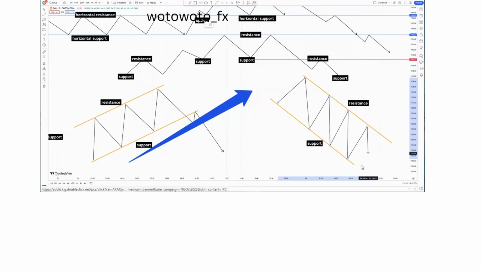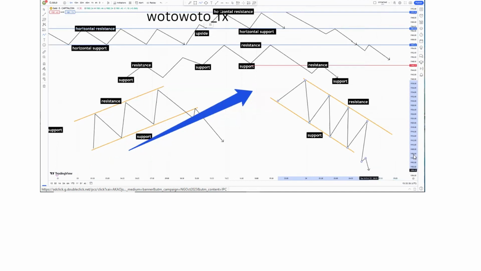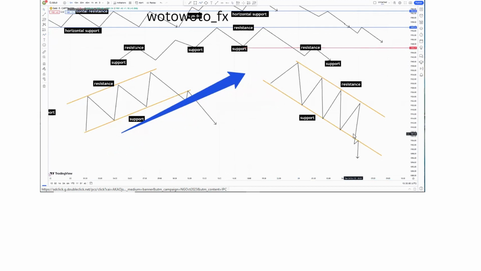But when price happens to break this support level, the next thing that will happen is that it will come back, test here, then start going down to the downside. So this is actually what happens in both support and resistance.